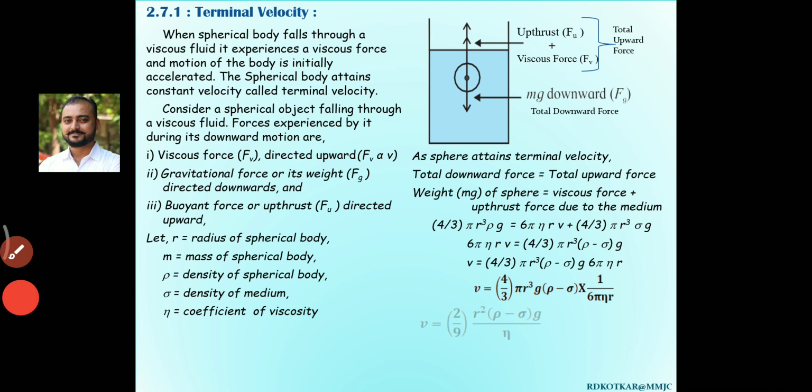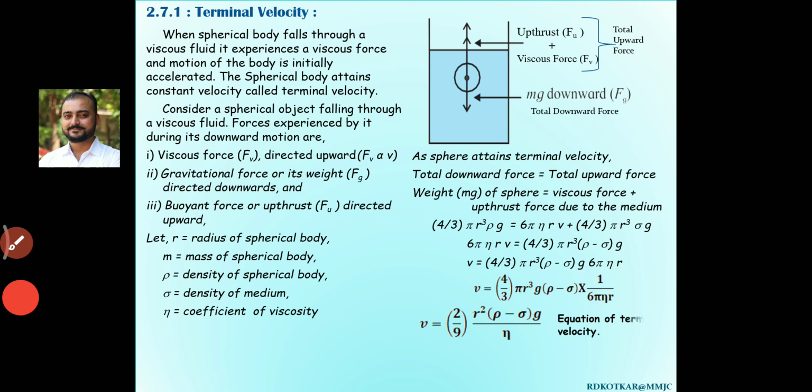Finally the velocity is given by this equation, which is the equation of terminal velocity. By rearranging, it also gives you the equation for the coefficient of viscosity, eta, in terms of the other physical quantities. So friends, in this manner this is about terminal velocity.